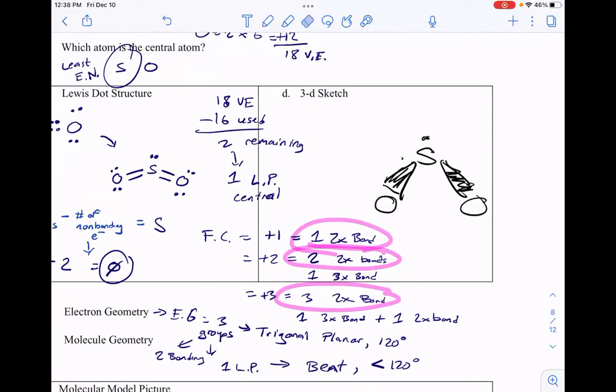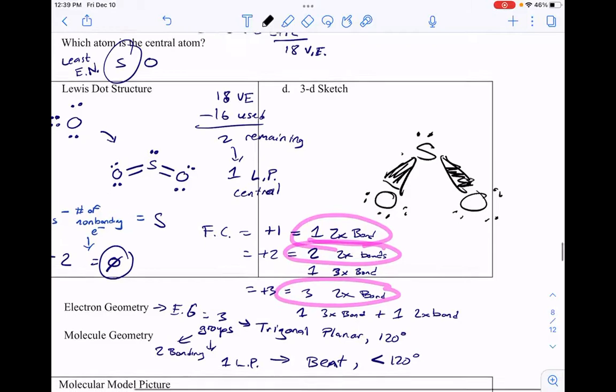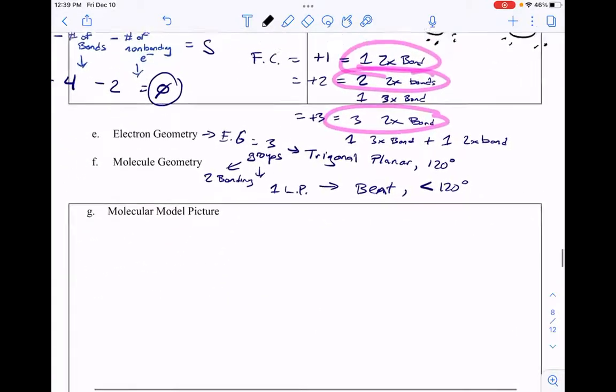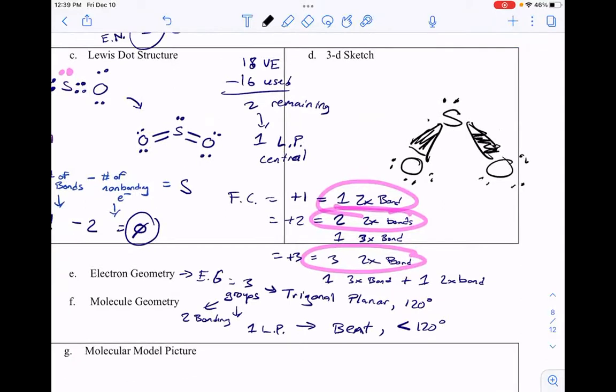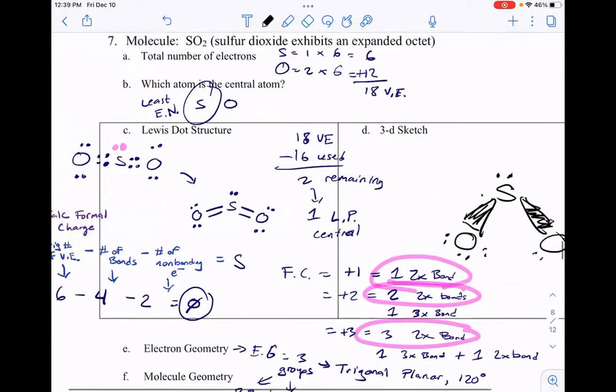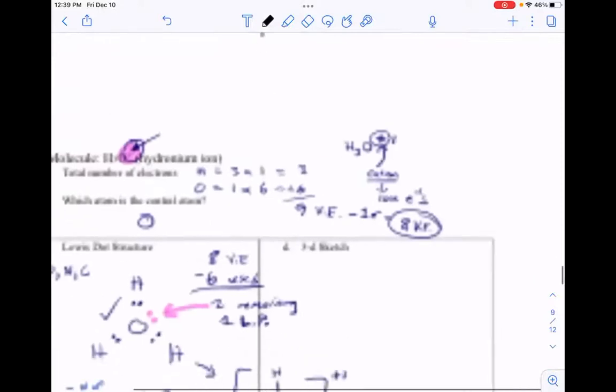Sorry, I'm trying to draw this with my stand, that's why it's not as nice as the rest of my handwriting. So something like that. Just make sure that you are taking a picture of your perspective so that it matches with your 3D sketch. All right, so that's number 7.